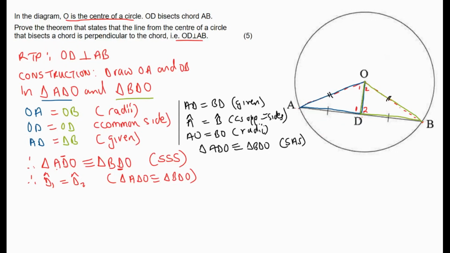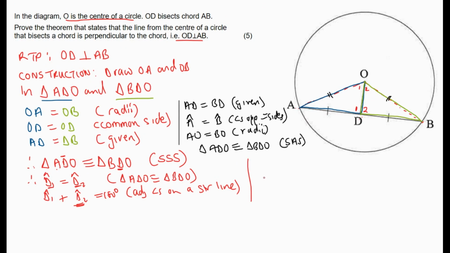But if you check, these two angles, D1 and D2, are angles on a straight line, because ADB is a straight line. So we can say angle D1 plus angle D2 is equal to 180 degrees, since these are adjacent angles on a straight line. We have said D1 is equal to D2, so you can replace D2 with D1 here because they're equal.